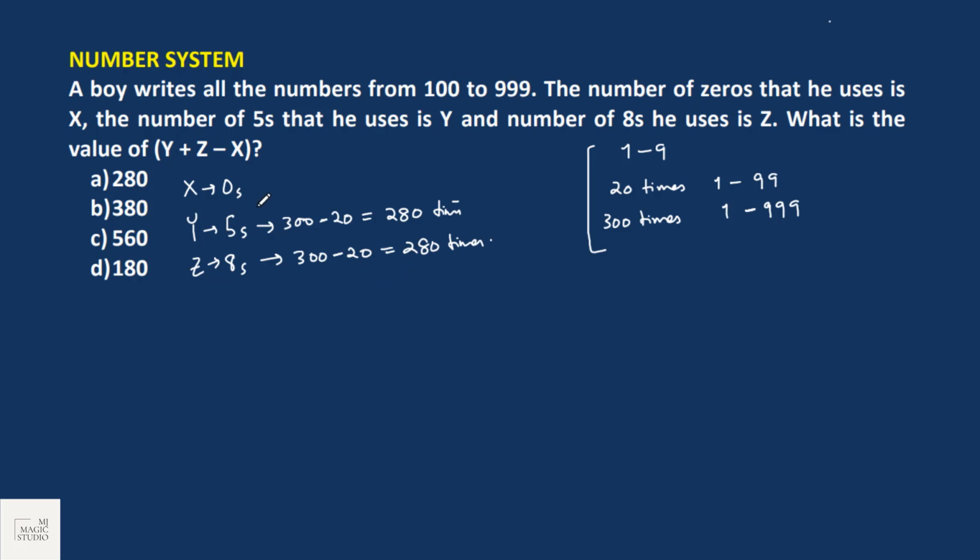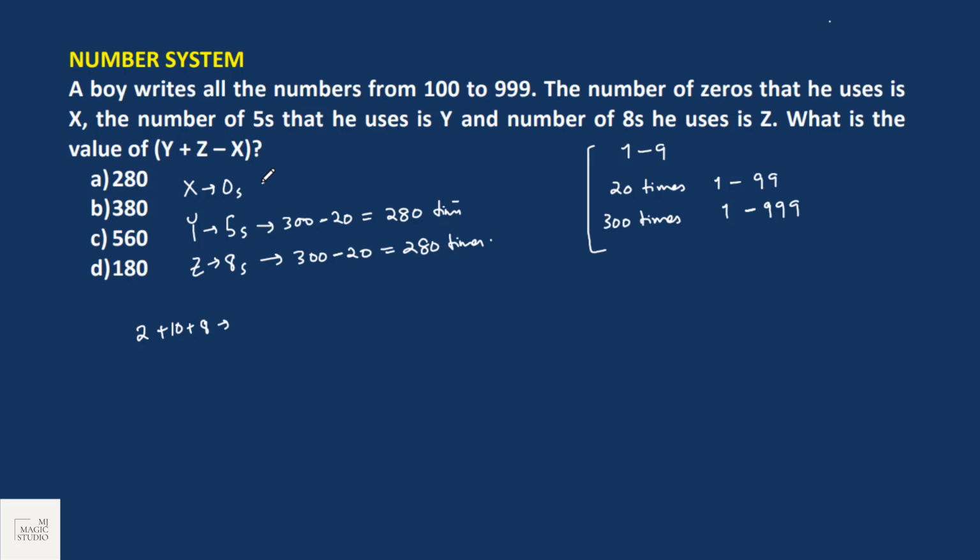Now about the zeros. In 100, we have got 2 zeros. Then 101, 2, 3, 4, 5, 6, 7, 8, 9, 9 and then 10 more zeros. Then 20, 30, 40, 50, 60, 70, 80, 90, 8 more.